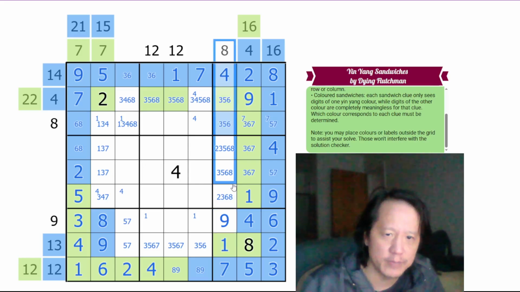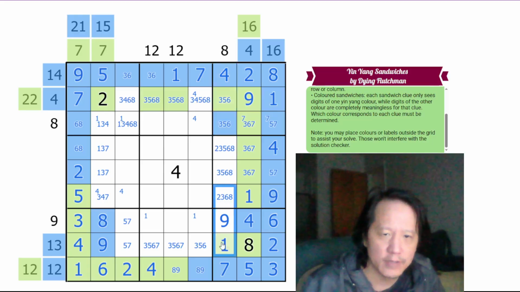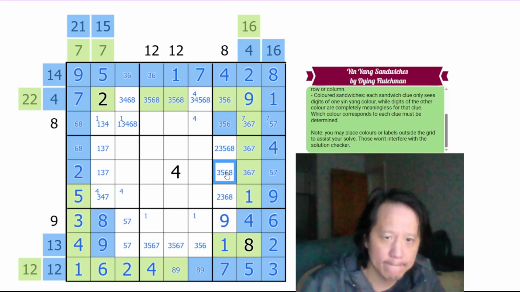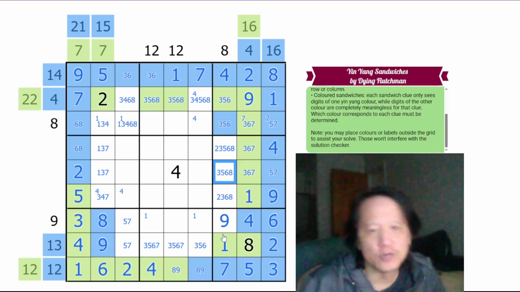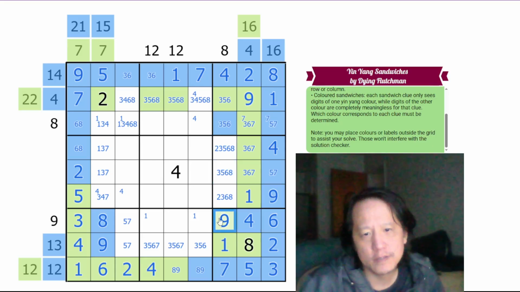The sum cannot be between 1 and 9. They would have to be between blues. That would force this to be blue. You would have to have 2 as the low. But that's not possible. So if this is green, that forces this to be green because of the way yin-yang works.